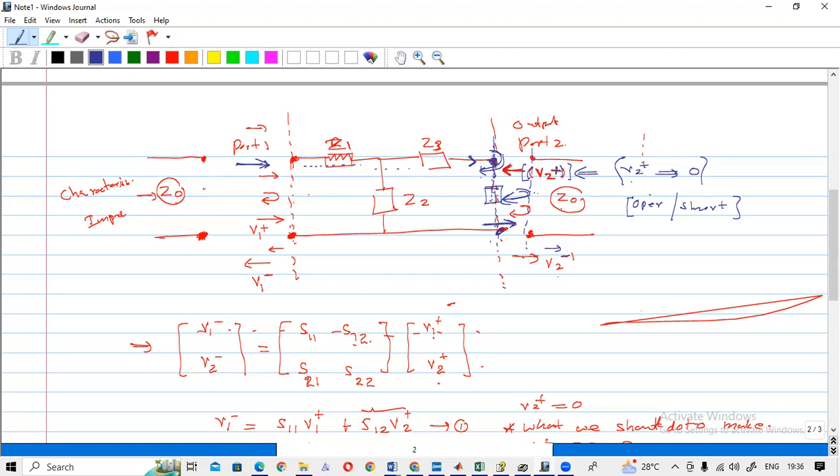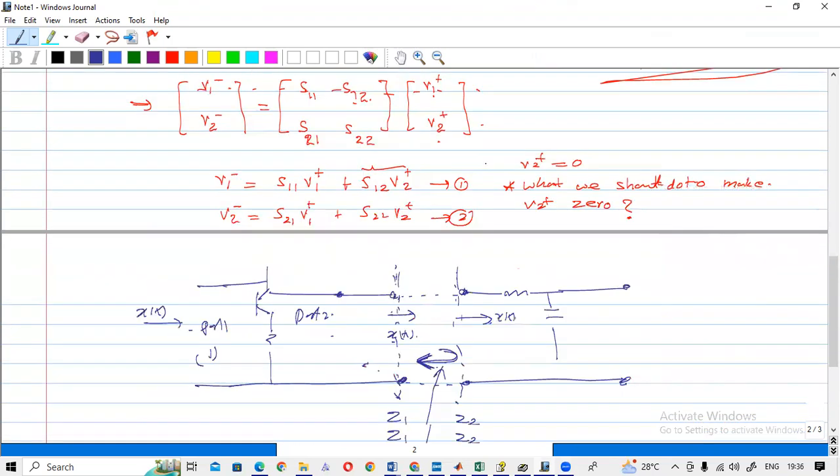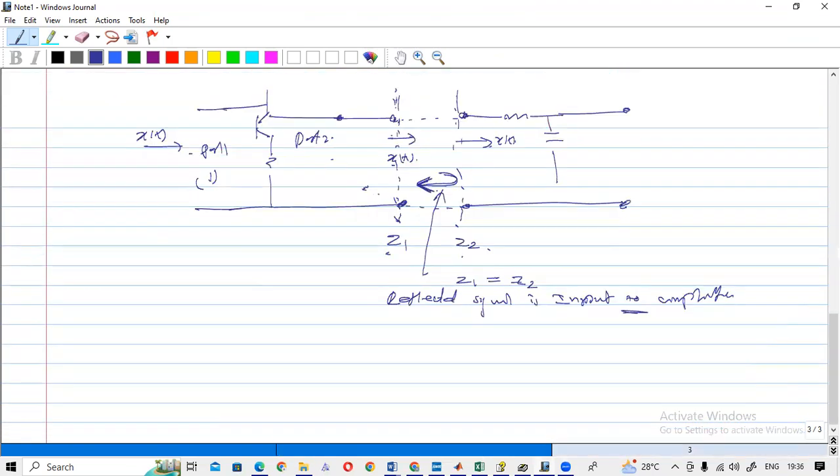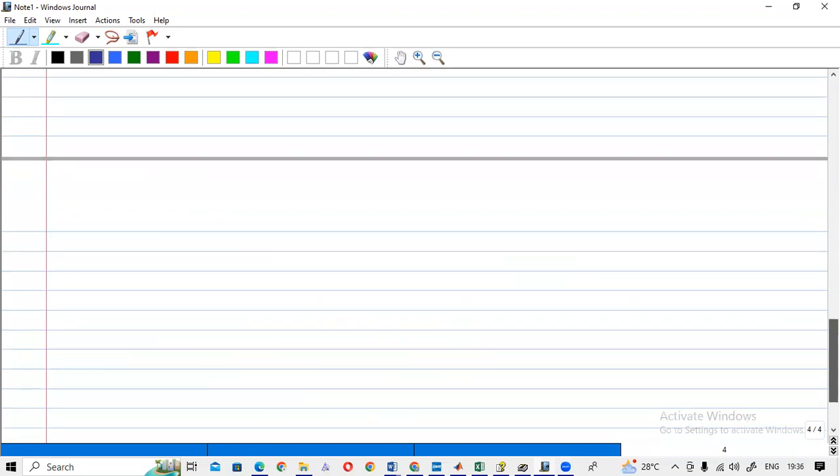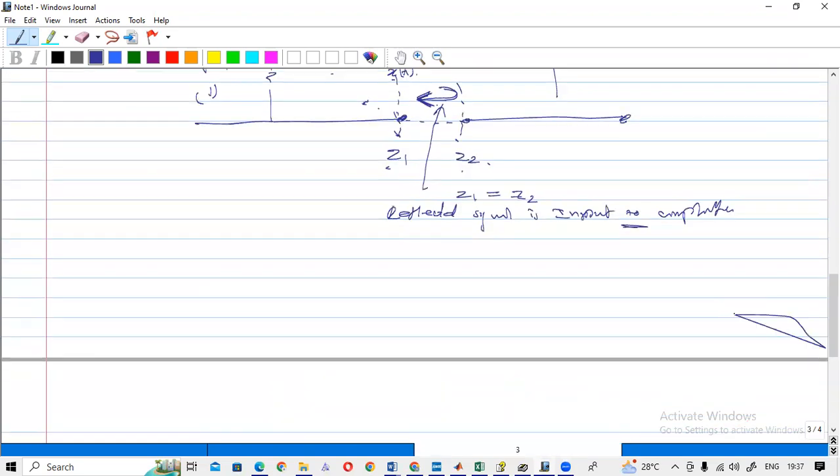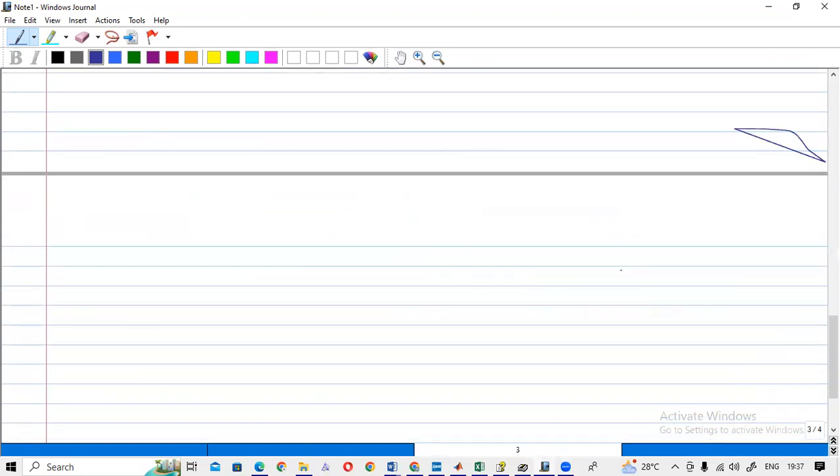Then all the signals coming through this will go through the loads, so there is no reflected value. I will write the circuit here again. So this is my circuit.